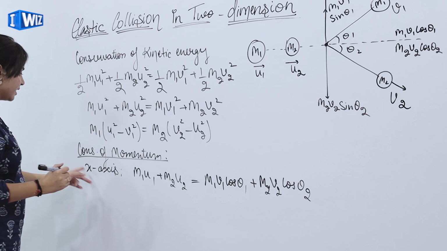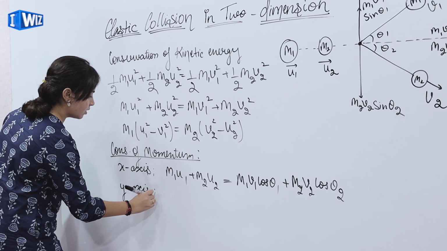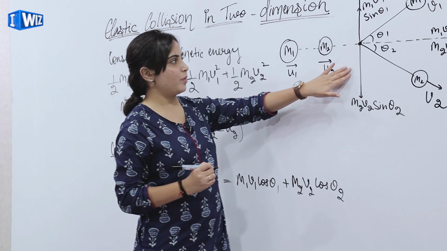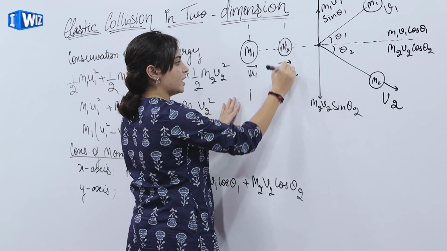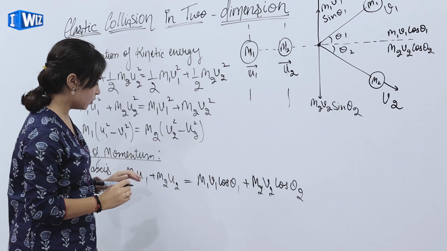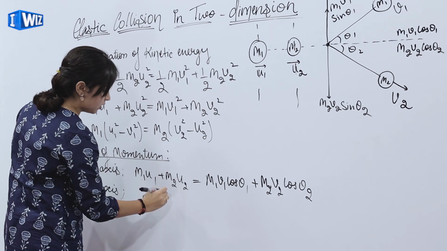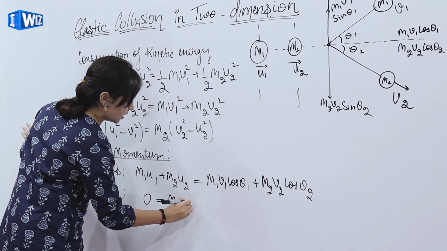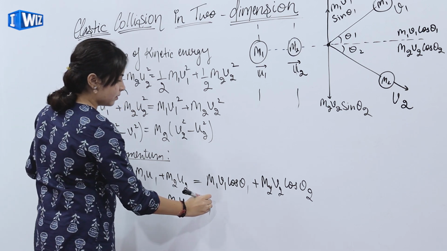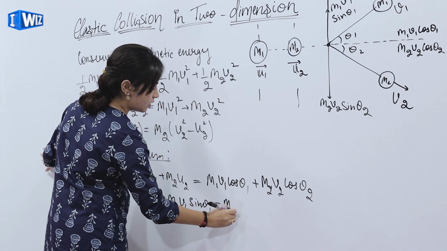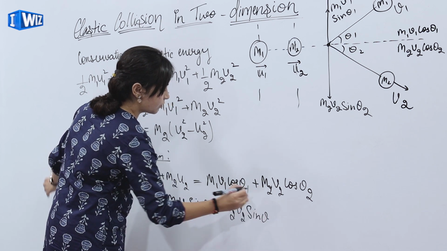This was for the x-axis, and for the y-axis, पे initially there is nothing. Y-axis पे initially there was nothing, so it will be 0 is equal to m1 v1 sin θ1 minus m2 v2 sin θ2.